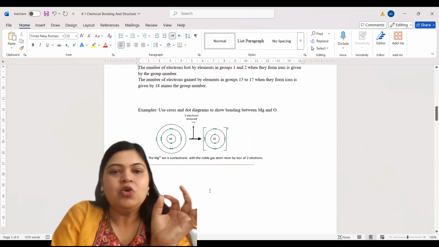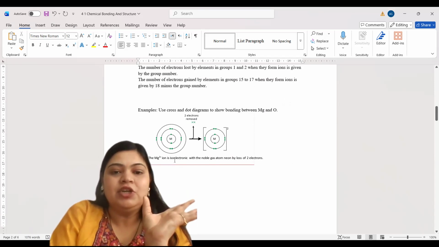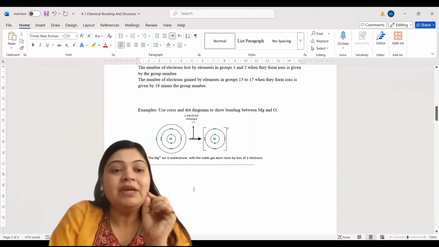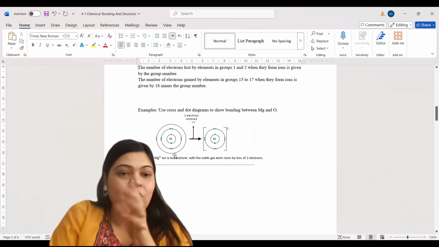And this is the cross and dot structure of magnesium oxide. Now, magnesium atomic number is what? Atomic number of magnesium is 12. The first two electrons are very close by to the nucleus, so it cannot be transferred outside. The second shell has 8. 2 plus 2 plus 2 plus 2 is 8. Okay? 2 into 4 times it is there.